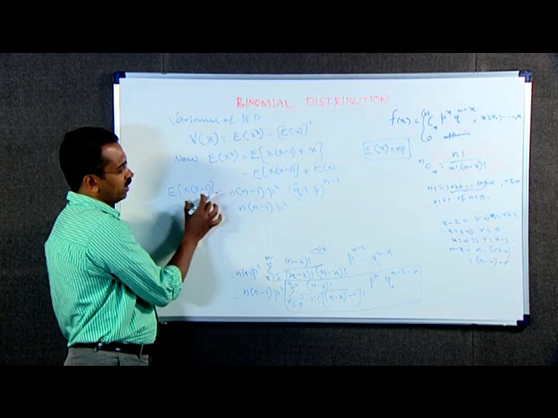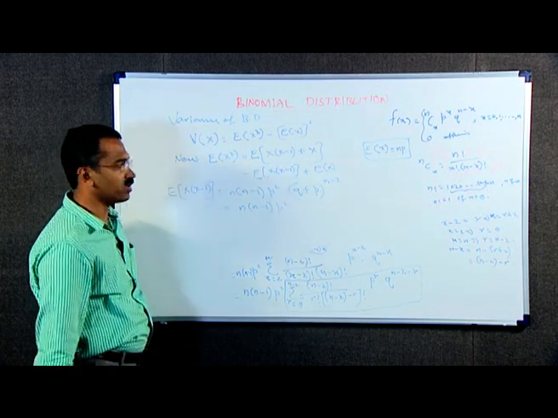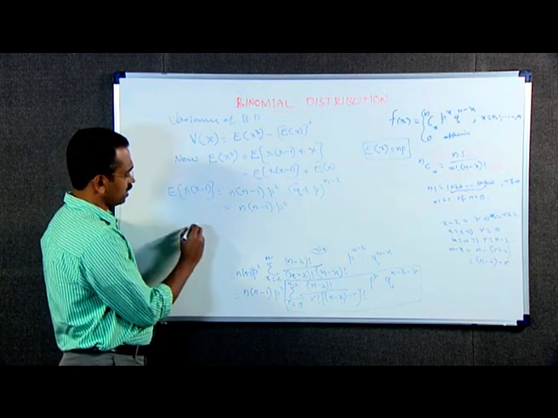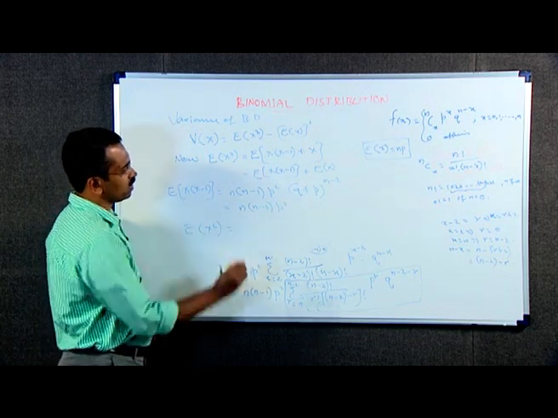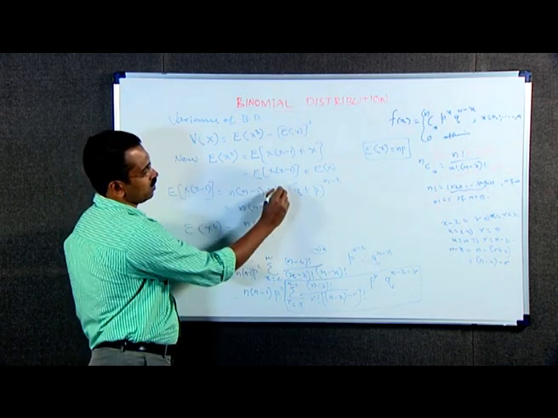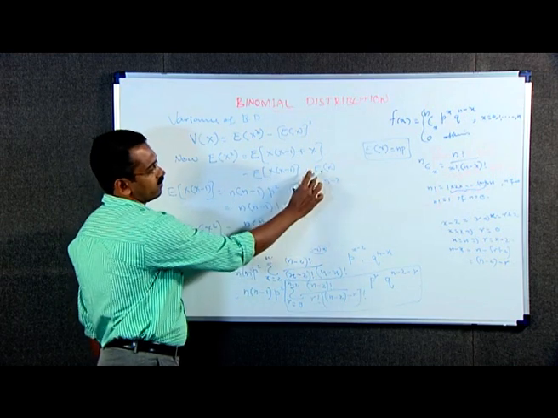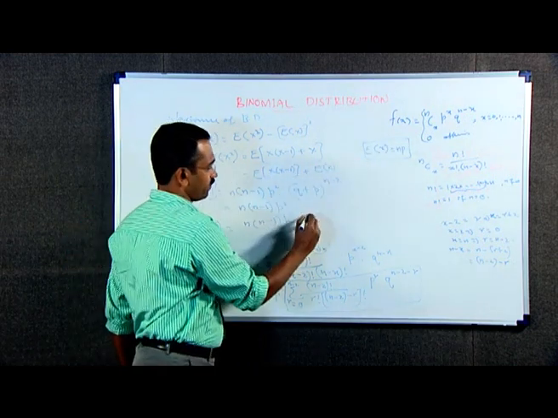Substitute this value of E of x into x minus 1 in this expression for E of x square. We get expectation of x square is equal to n into n minus 1 p square plus expectation of x, which is np.